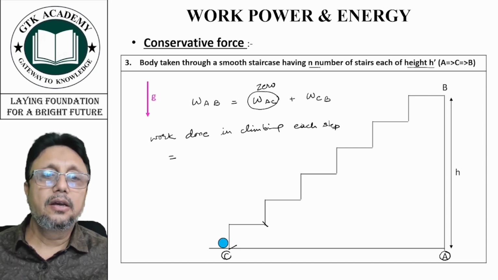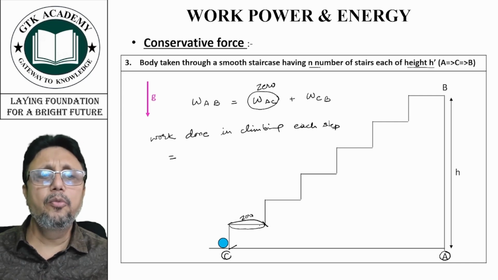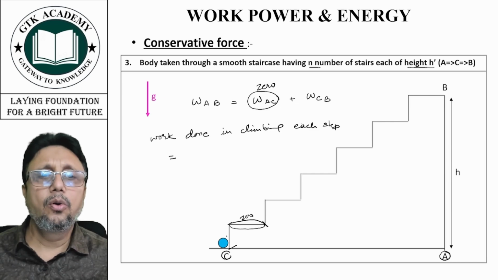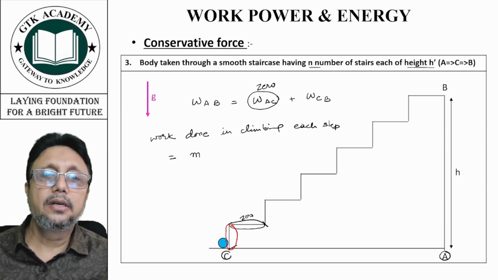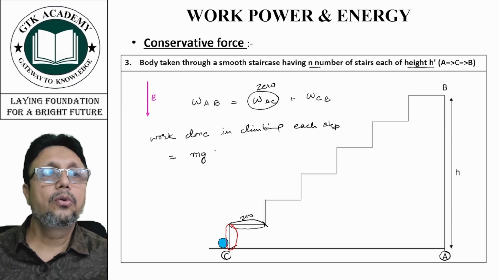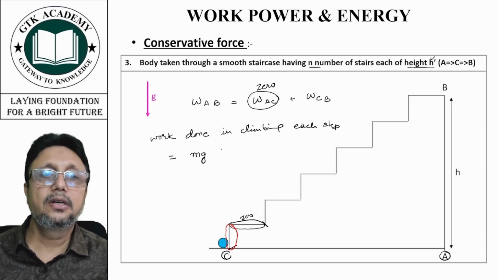Now you can see for this portion the work done is 0, because you are moving in the perpendicular direction. Only in this direction you have work done. So for a single step, the work done will be mg into the height of the step, which is given as h dash.